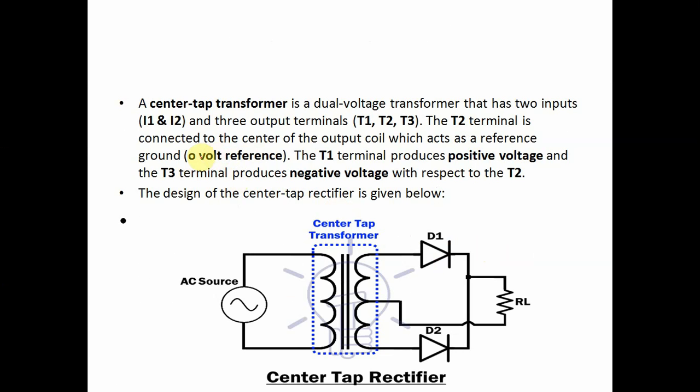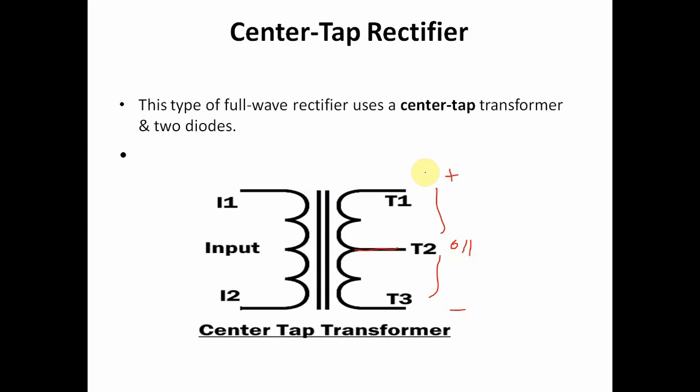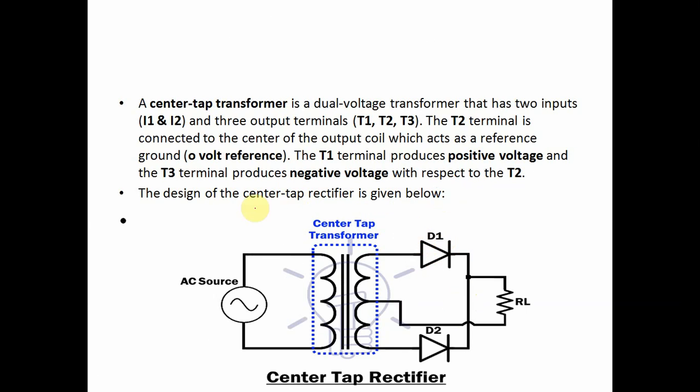The T1 terminal produces positive voltage and the T3 terminal produces negative voltage with respect to T2.